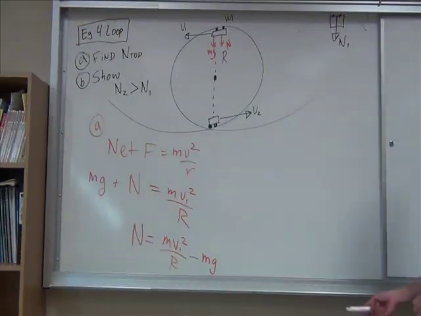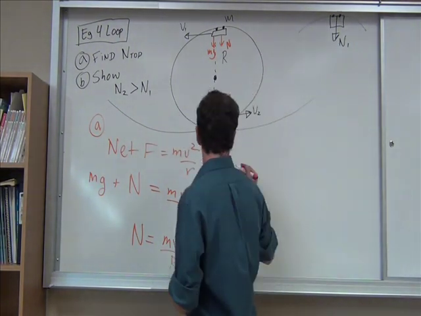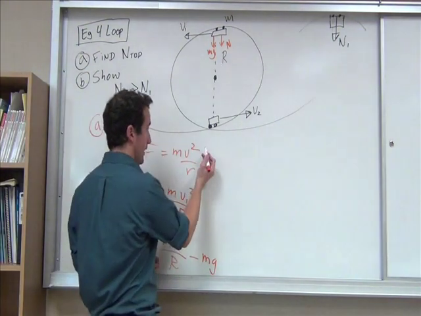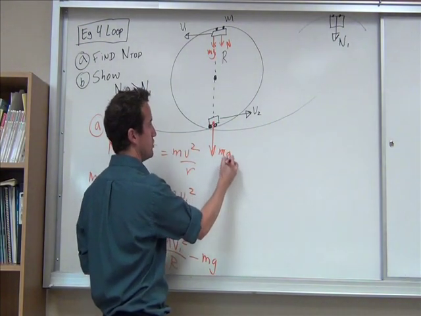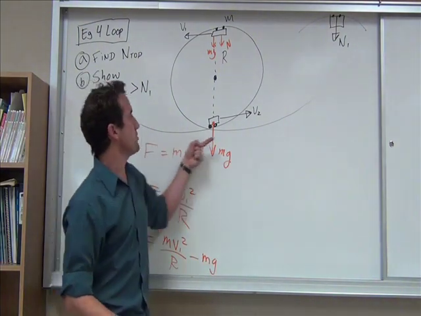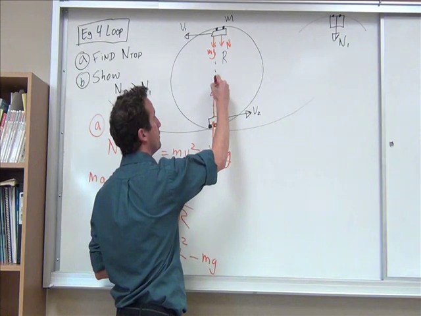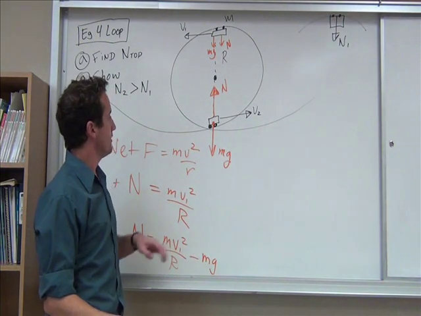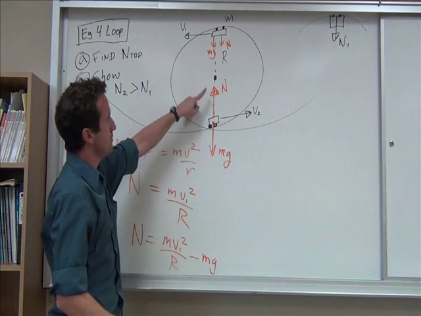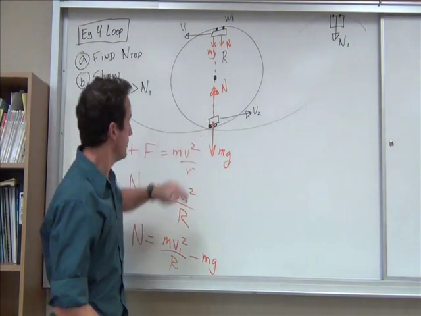Part B. Show that the second normal force is greater than the first. Well, the second normal force happens down here, and down here gravity is of course still straight down, mg. But if it's going to go in a circle, then the normal force has to be up. N. Alright. Who wins? Well, the normal force has to push harder than mg, so the normal force must exceed mg.